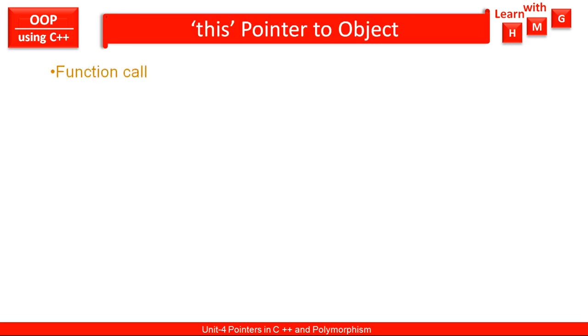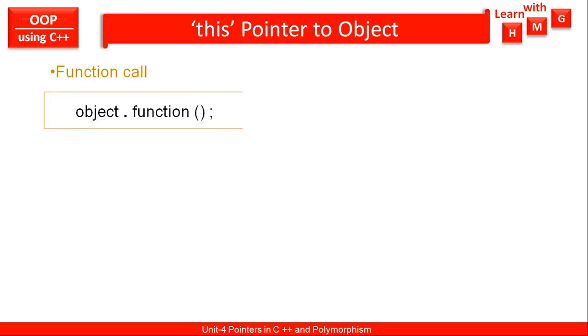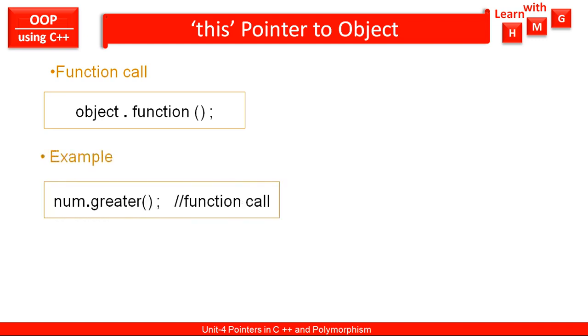Now let us see how it works during the function call. So normally we are calling a member function like this, that is object dot function. For example, num dot greater. This is the function call where num is an object and greater is a member function, and using the dot operator the num object is calling the greater function.